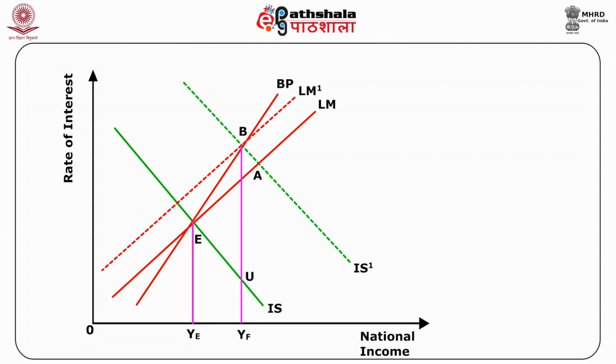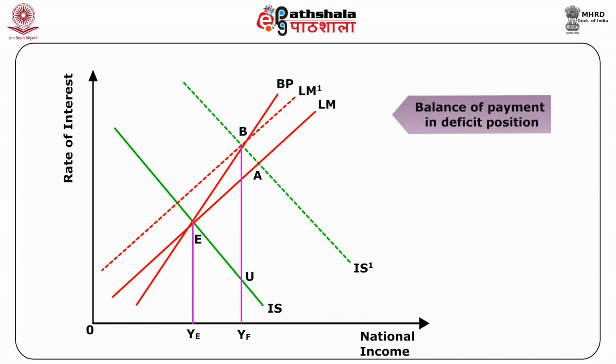With easy monetary policy, there is a shift in the LM curve to the right, which crosses the unchanged IS curve at point U. But at point U, the interest rate I dash is less than I_E, and so with a low interest rate, the capital inflow is reduced, and so the balance of payments is in deficit.